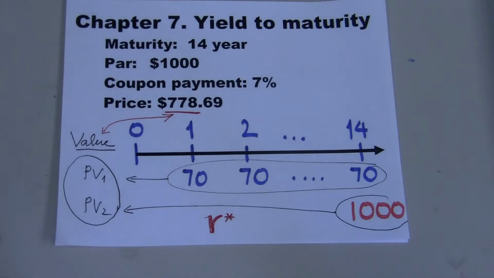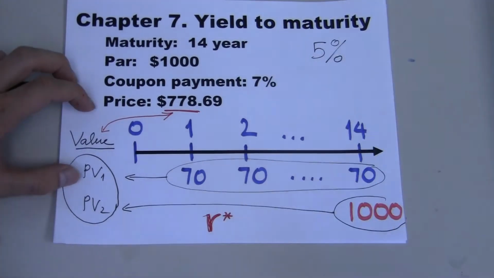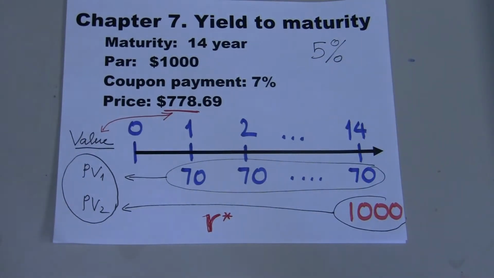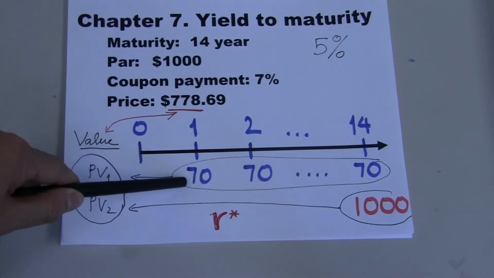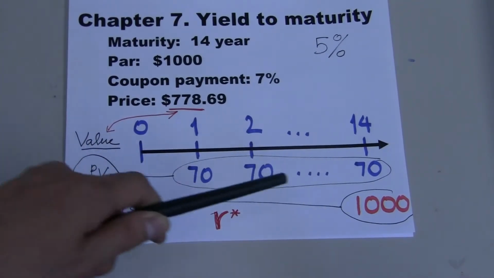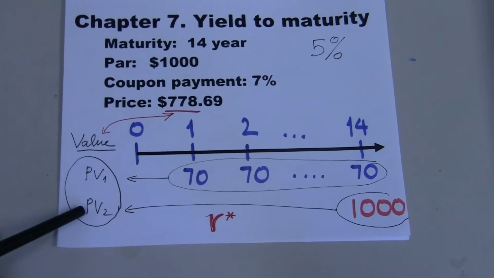Let's make some tries. For example, how about trying 5%? I do the calculation based on 5%, meaning I calculate the present value of that annuity at 5%, and I calculate the present value of that $1,000 at 5% as we did before.